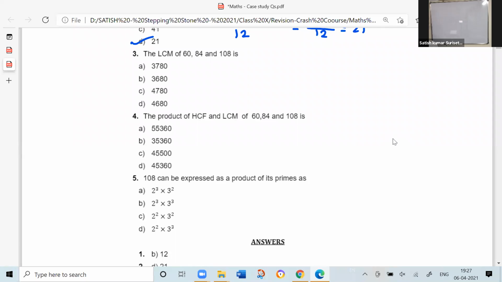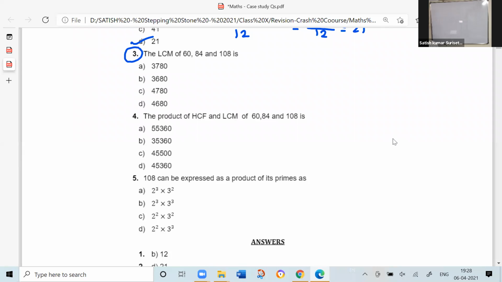Now, LCM of 60, 84 and 108. Now here don't apply the formula for two numbers which was discussed before. That formula is not applicable for three numbers. Previously itself you have factorized, if you remember.